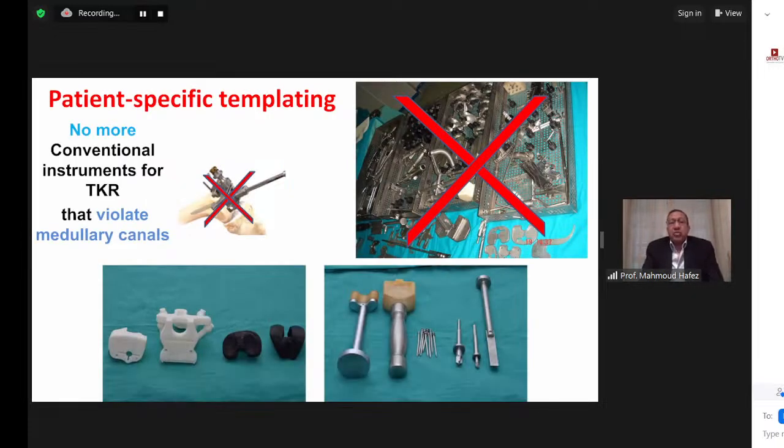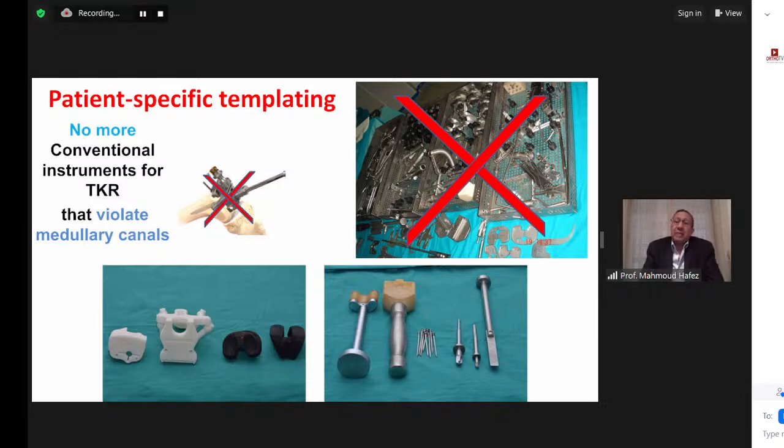The main advantage is that you eliminate the perforation of the medullary canal, or the penetration that can cause fat embolism. So here, the risk of fat embolism, if you don't go inside the medullary canal, is almost zero.